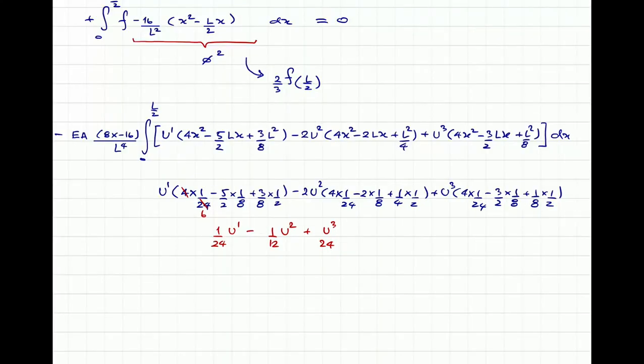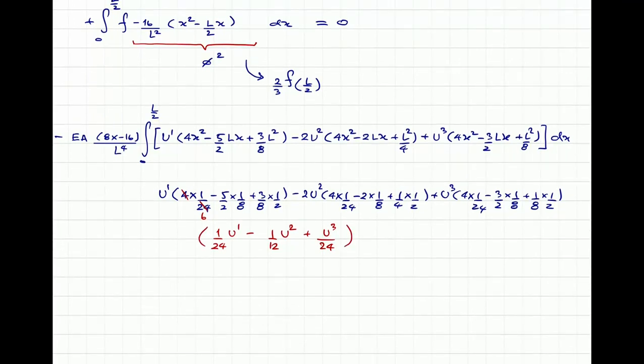Let me know if something is incorrect. Multiply by minus EA. The L cube cancels out this thing and we have just L. We have the 8 and the 16. Okay, I will take 4 from the 16, so I have minus 4.